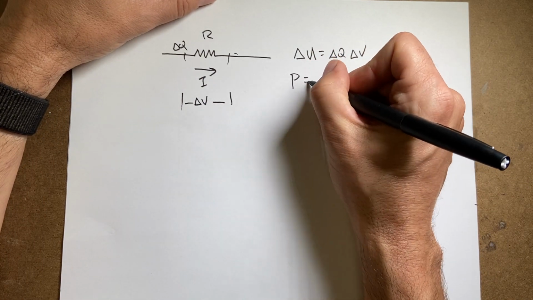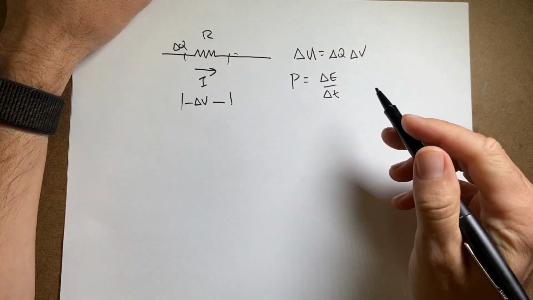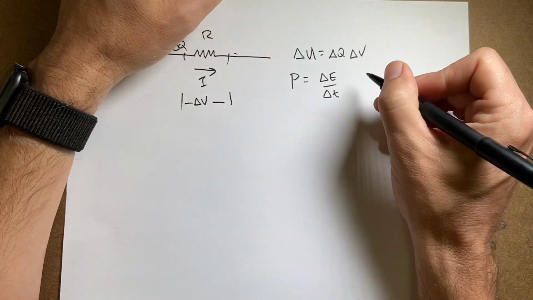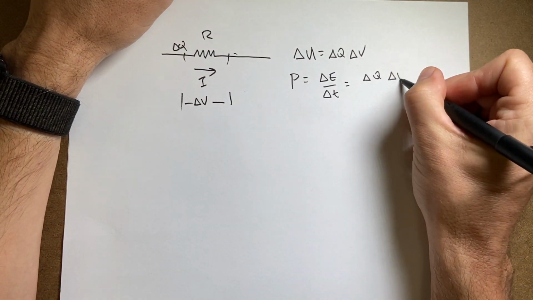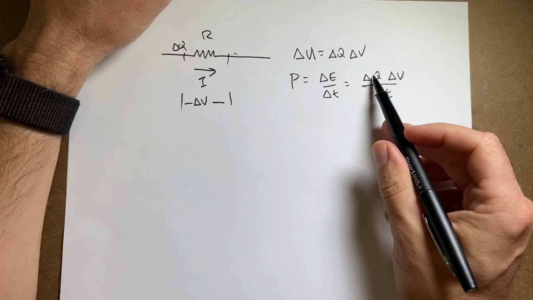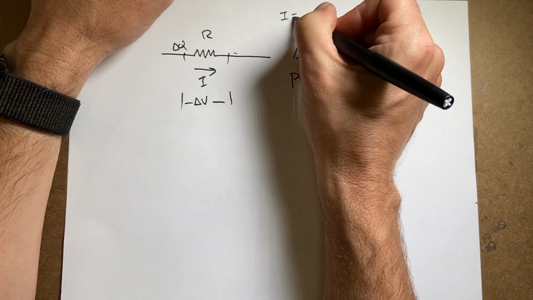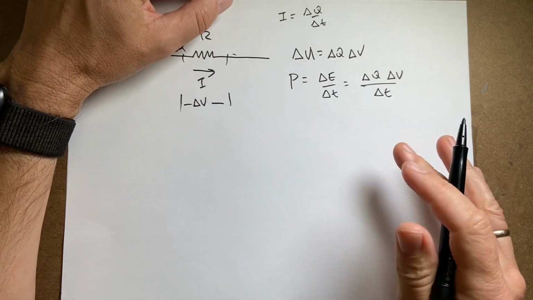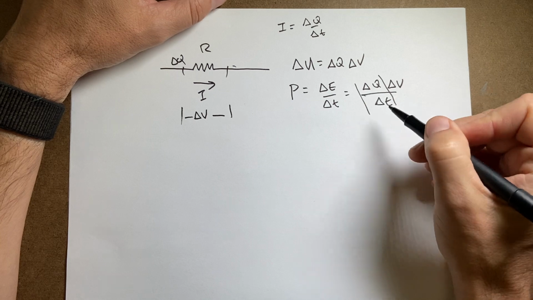Now, power is defined as the rate of change of energy. So if I use my change in potential energy and divide by time, I get delta Q delta V over delta T. Now, delta Q over delta T is I. Not I, me, it's the current. Remember, we define current as the rate of change of charge flow. So this part right here is the current.